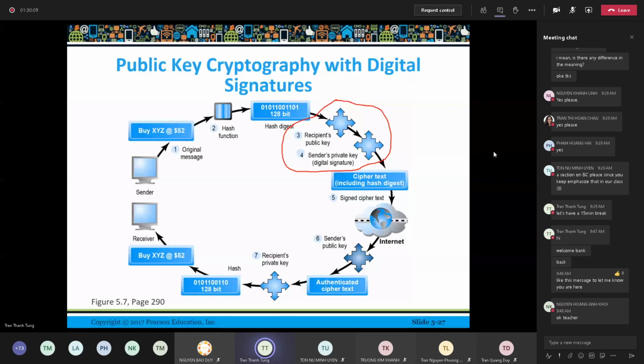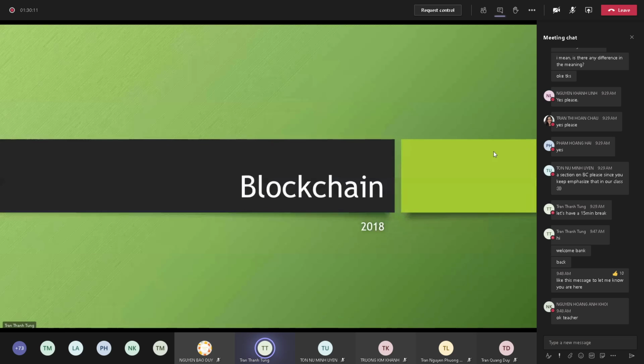Okay, everyone. I will try to show you the blockchain, in just 15 minutes or so. Okay, so there is the slide on blockchain, just a few slides. To start, what do we know about blockchains?